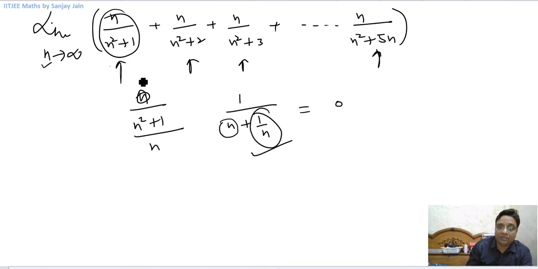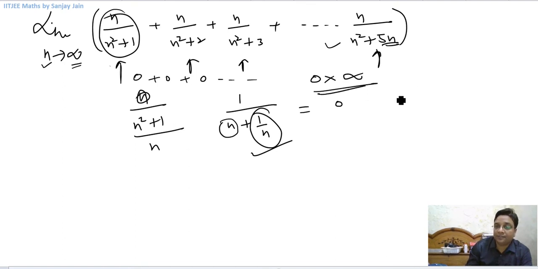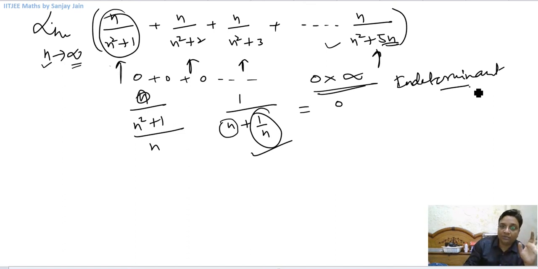So some student says 0 plus 0 plus 0 and so on up to 5n terms, but you notice n is tending to infinity, right? If you try to solve like this, you will get 0 into infinity, which is indeterminate. Hence, you cannot solve it like this. So let's see how we can use squeeze play theorem to solve questions like this.